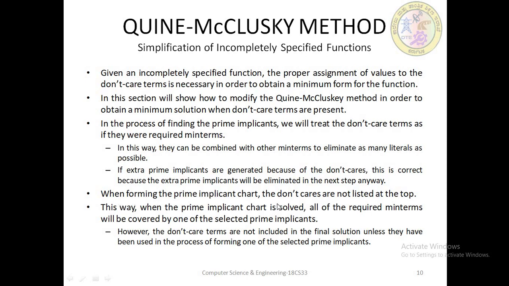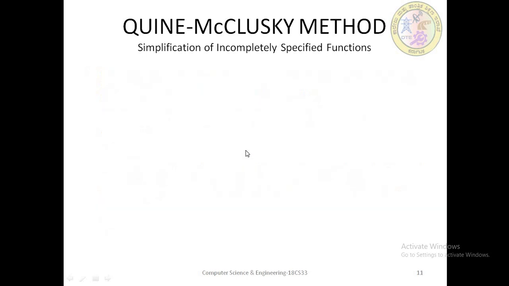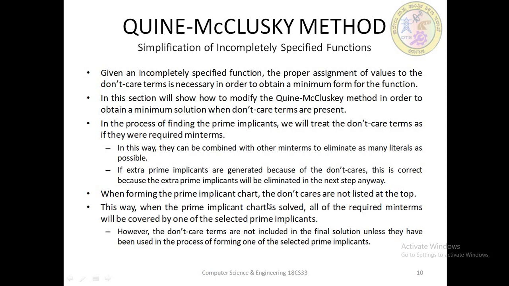When forming a prime implicant chart, don't cares are okay, but you need to ensure one thing here. While forming an expression we will consider them, but while writing the prime implicant chart, we are not writing down the don't care conditions. You always need to take care of that while doing this.